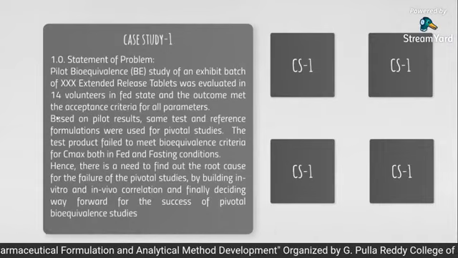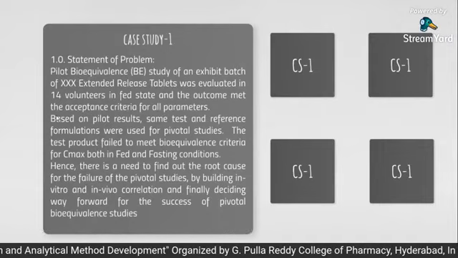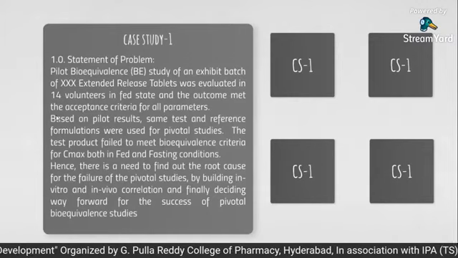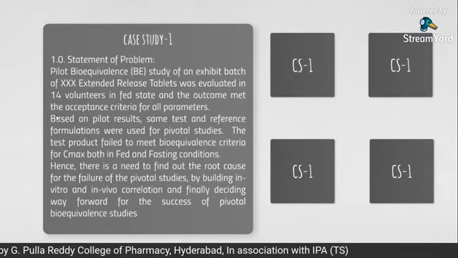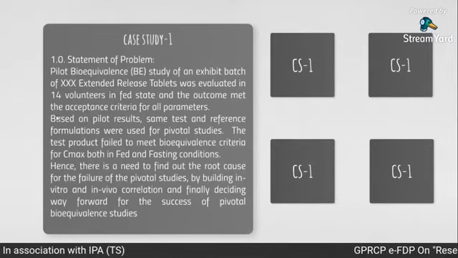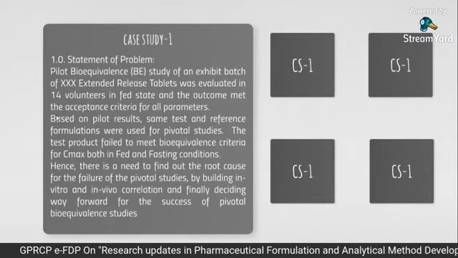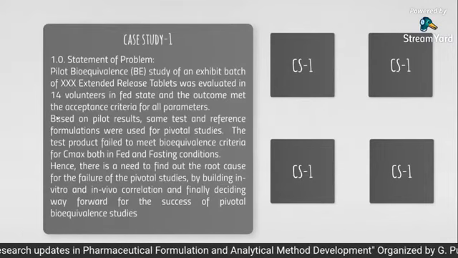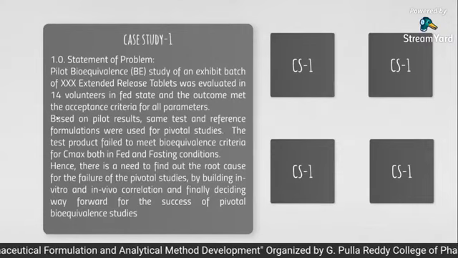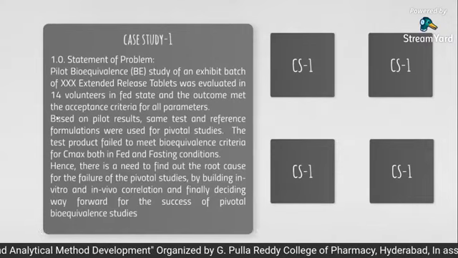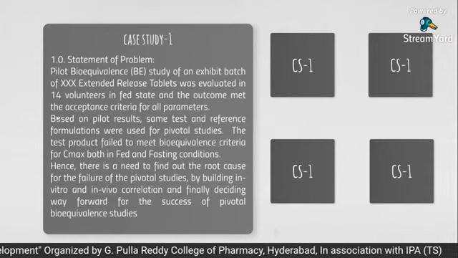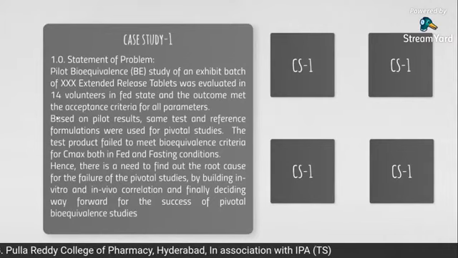It was a surprise because the same test formulation and the same reference formulation had given a positive outcome in 14 volunteers. When the number of volunteers was increased, the result did not meet the acceptance criteria. We got supra-bioavailability results. Supra means higher than 125. It should be between 80 to 125. We got something like 133 or 134. It was to our surprise. Earlier it was 105, now it has gone to 133.